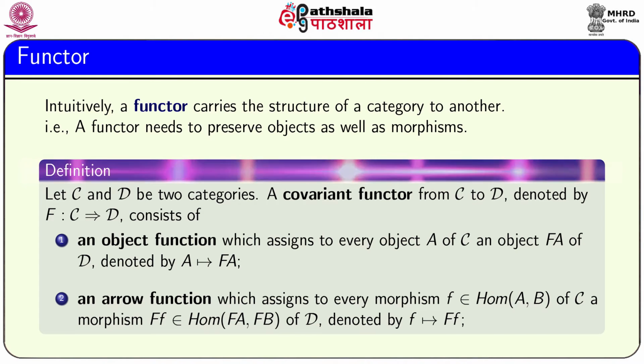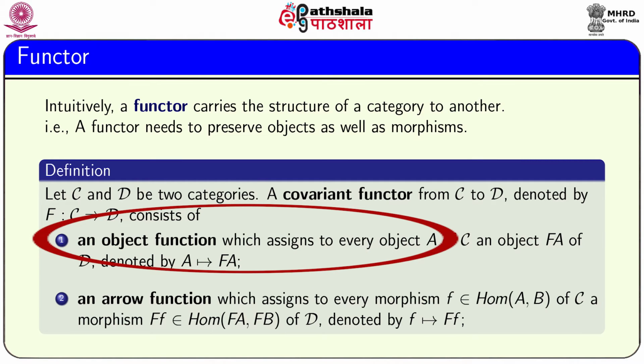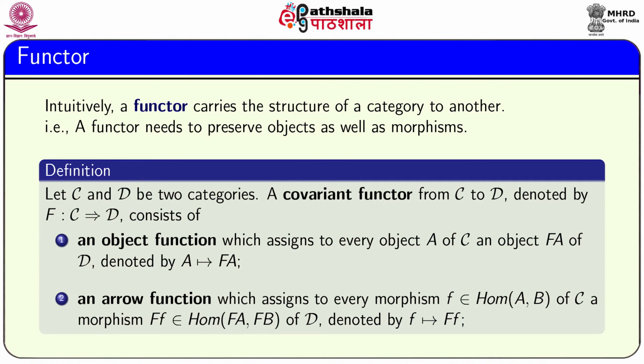We take two categories, one is C and the other one is D. A covariant functor from C to D, which we denote by F from C to D, consists of two things. First one, an object function which assigns to every object A of C an object F(A) of D, and we denote it by A maps to F(A).